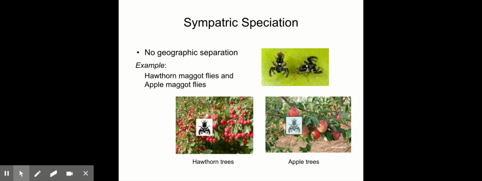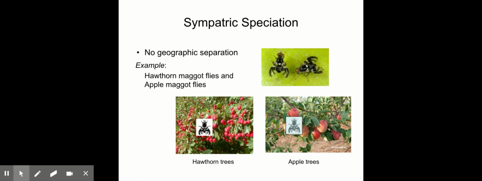It could be because of competition for resources. These flies realized or just had a behavior that would enable them to use this new resource that wasn't being used by other flies. But the flies that lay their eggs on apples, they have offspring that are more likely to use apples as a host. And it kind of perpetuates the use of that host by that group. So that became kind of a separate population of these flies, and they have been continuously diverging genetically.